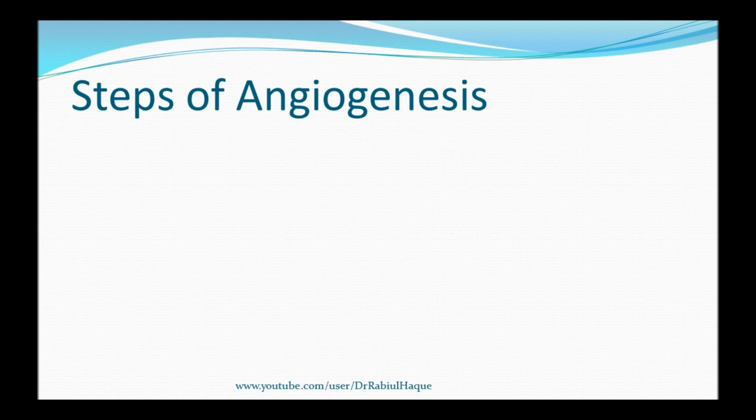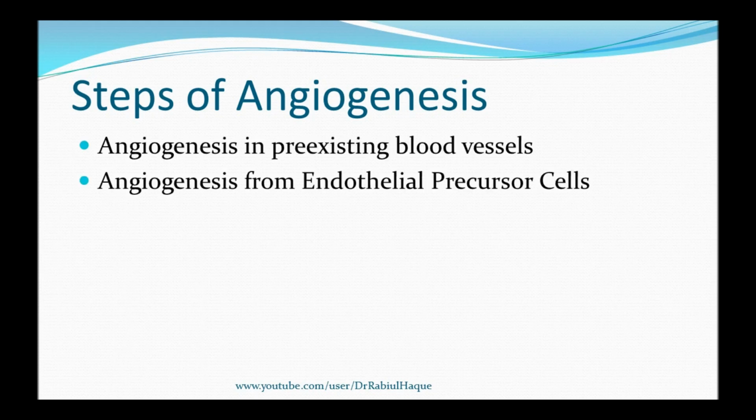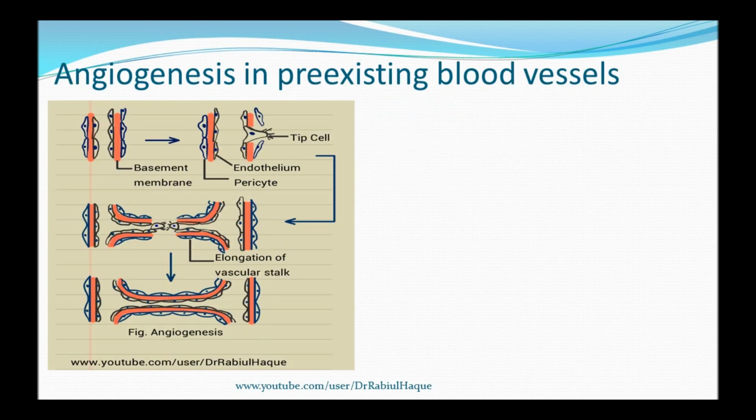First we will talk about the different steps of angiogenesis from pre-existing blood vessels. Here I am showing you different images depicting different steps of angiogenesis. On the topmost figure you can see a pre-existing blood vessel, or a quiescent blood vessel. A new blood vessel will develop from this blood vessel.